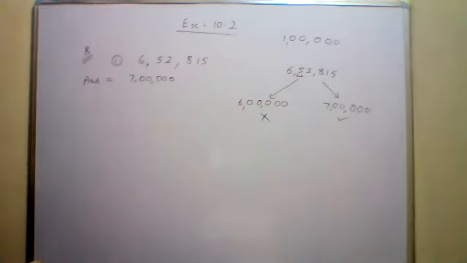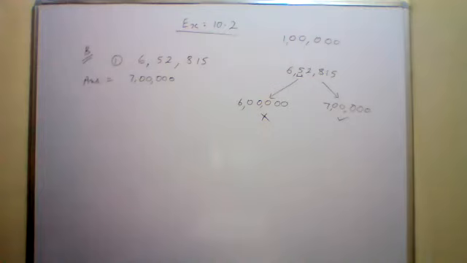Okay, let's start with question C. Are you all ready? Solve the following. The population of a state in India is 7,53,82,198. That can only be a state of India, such a large population.